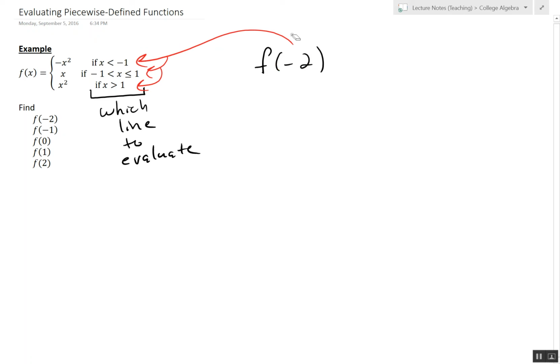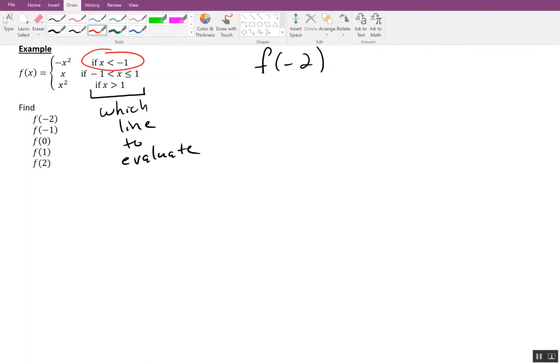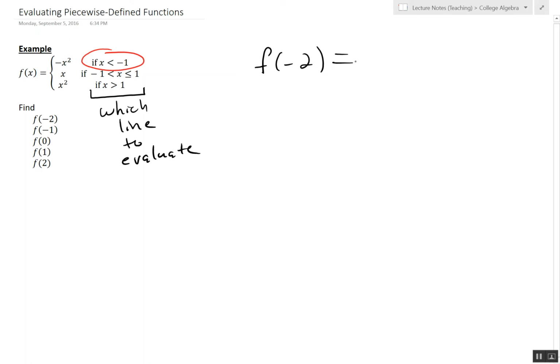In this case, it satisfies this inequality right here. And so what that means is that when we set this equal, we're going to use this formula over here. So this is going to be negative 2 squared, which gives me a negative 4.